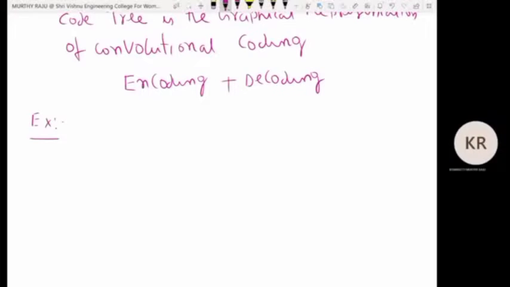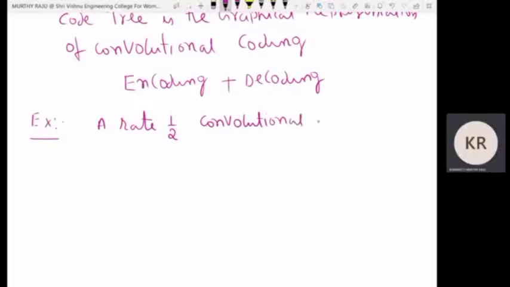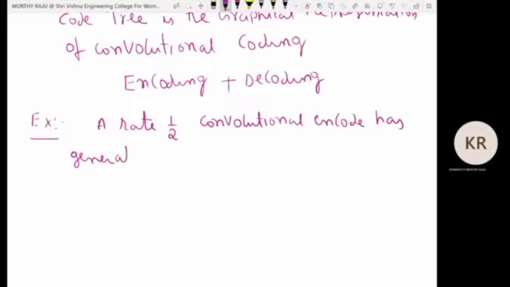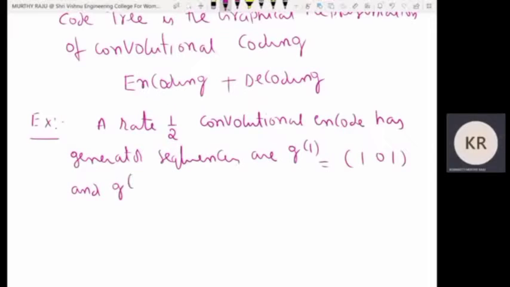Here the example is a rate 1/2 convolutional encoder that has generator sequences G1 is equal to 101 and G2 is equal to 111.